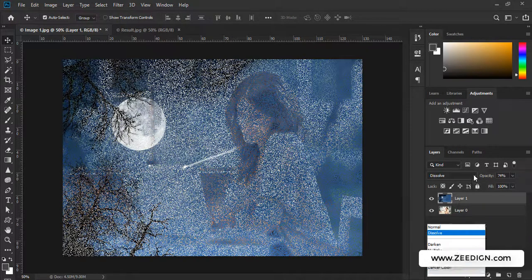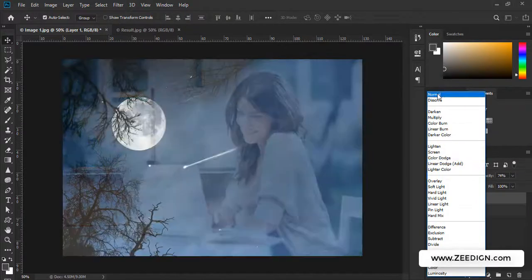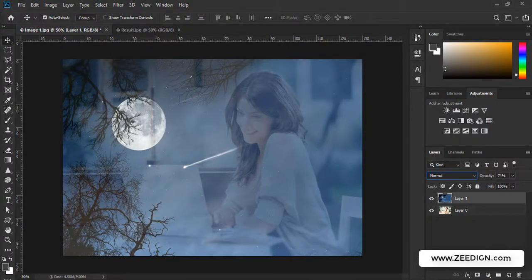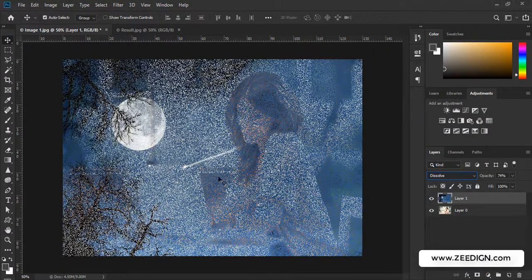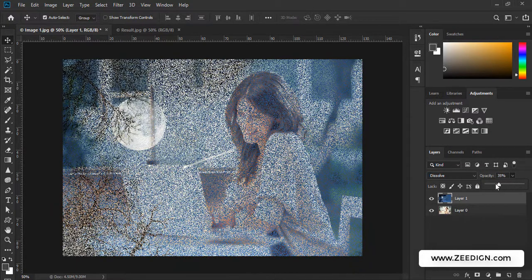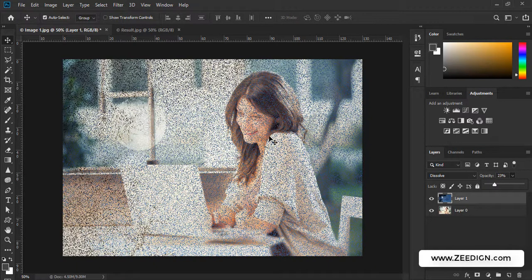When I picked normal, you saw even if I reduced the opacity, my opacity is 74% at the moment, it is behaving like some transparent screen. But when I pick dissolve, it is noisy. It has scattered pixels all over. So yeah, it's looking ugly, but maybe in some case it might be the one you need.